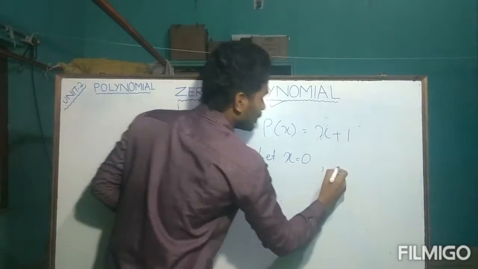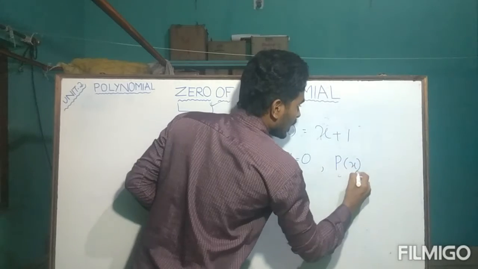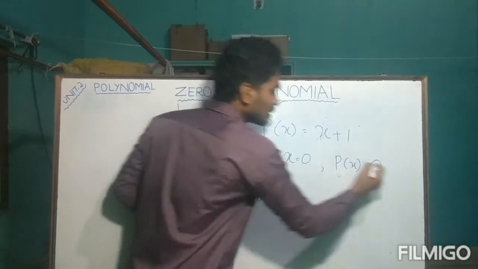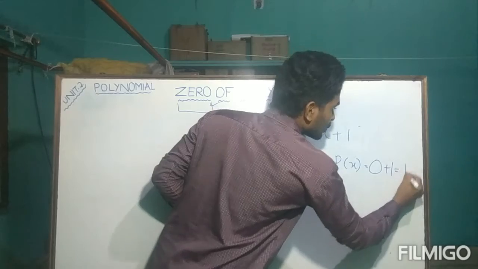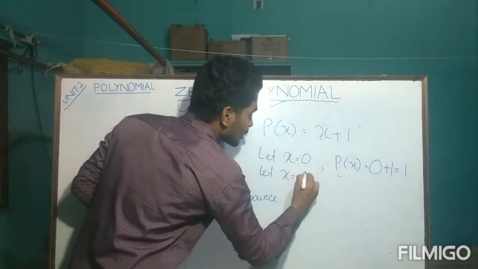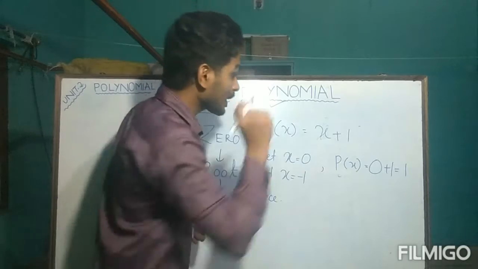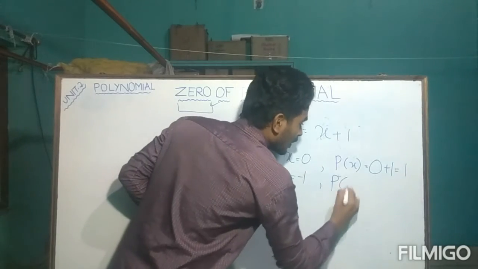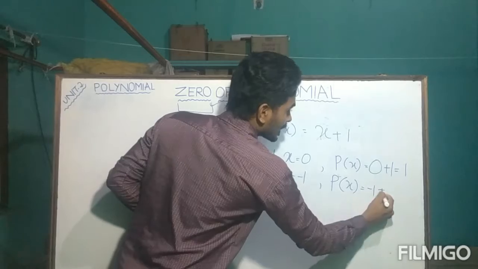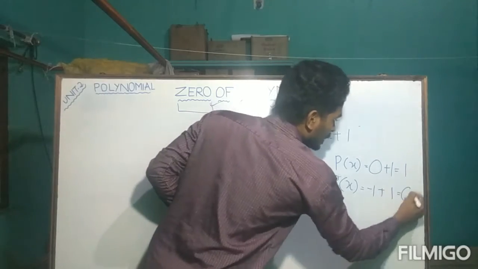Then what will be the value of p of x? In the place of x we will put 0 because x is equal to 0. Plus 1 is equal to 1. Suppose we put in the place of x minus 1. Then what will be the value of polynomial? In the place of x put minus 1, then plus 1. It will be how much?